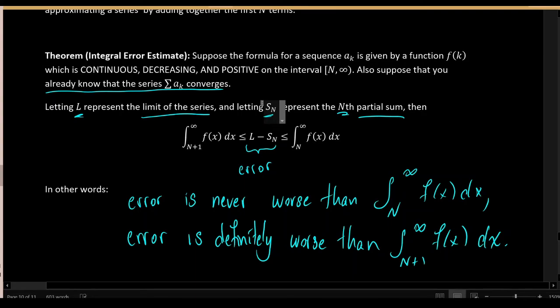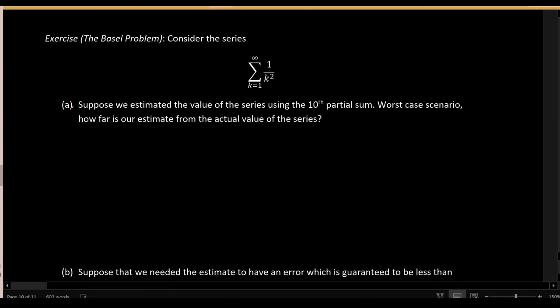Now let's see what it looks like to actually apply this theorem to a particular scenario. This is quite a famous problem in mathematics. It took a long time to actually get the answer to this problem.